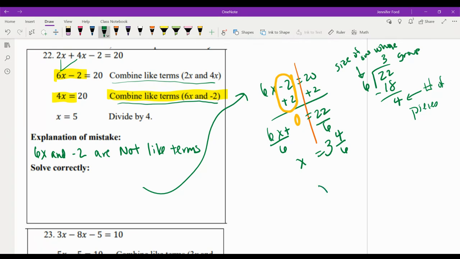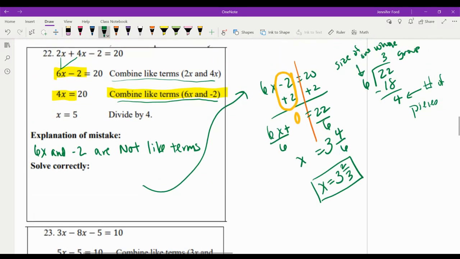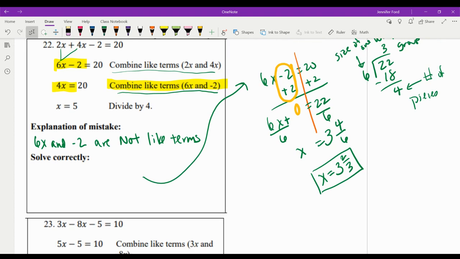I could leave it like that. I should probably reduce it to lowest terms. Okay. If you gave me 3 and 4/6 as an answer, I would accept it for full credit. And I would remind you to reduce to lowest terms. If you gave me 22/6 as an answer, I would give you full credit, and I would remind you to reduce to lowest terms. You could also go like 22/6.